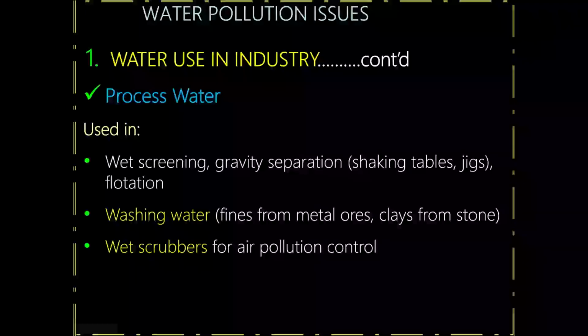This is the processed water. So if we talk about process, what is it used for? We have mentioned these are the uses, and wet scrubbers for air pollution control.